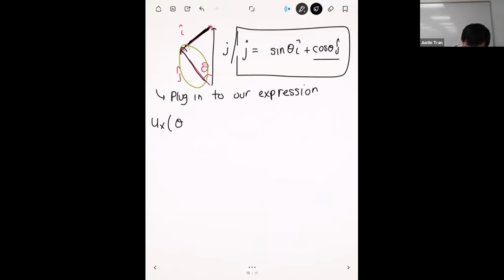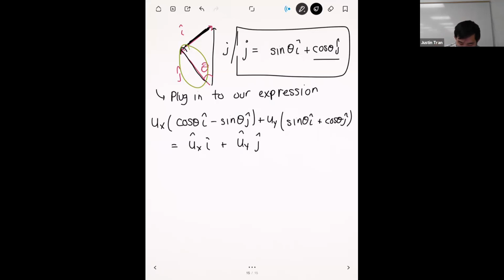We get ux times cosine theta i hat minus sine theta j hat, plus uy, and we plug in for j, which is what we have up here: sine theta i hat plus cosine theta j hat. And this is all equal to ux hat i hat plus uy hat j hat.